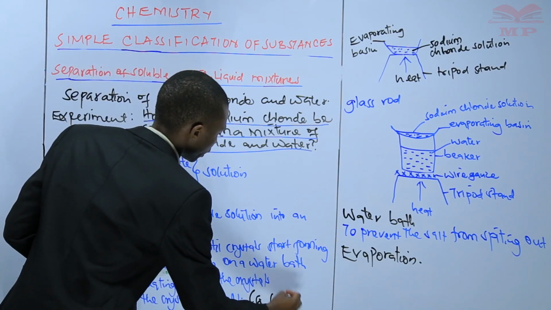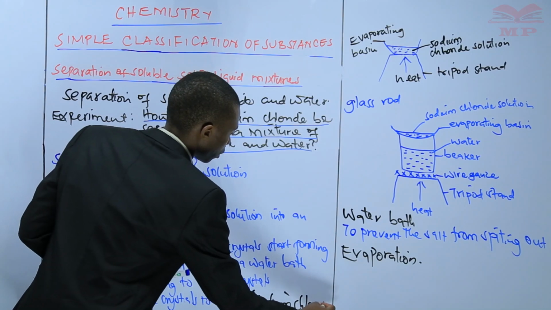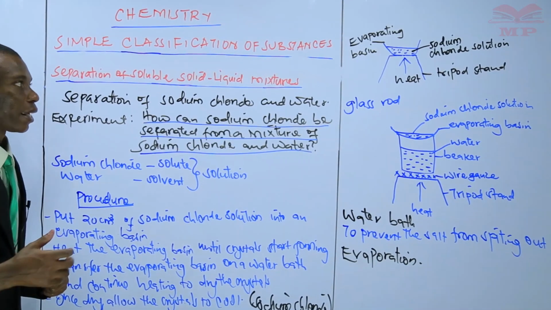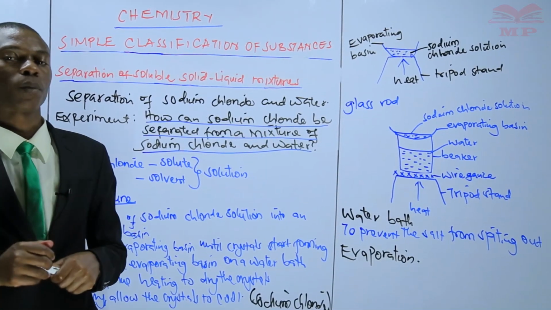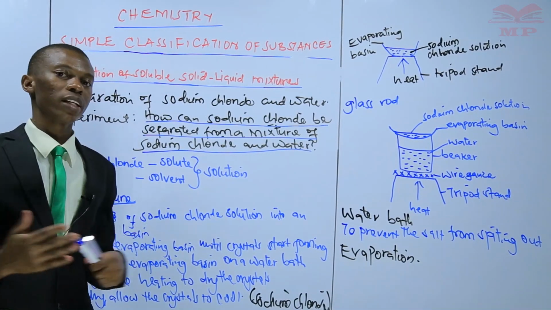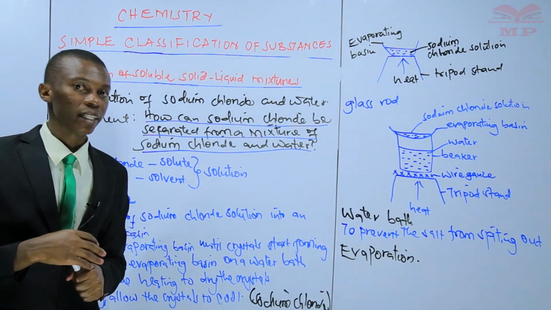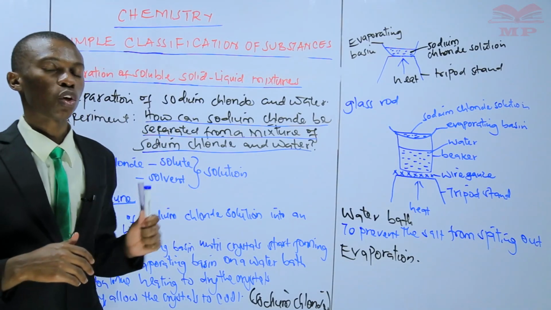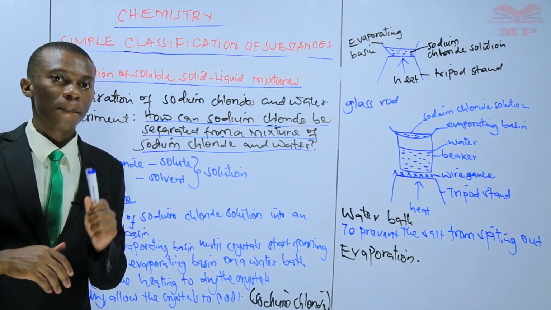Water has already evaporated, so you are left with sodium chloride. And that is how you are able to separate sodium chloride from a mixture of sodium chloride and water, which is a soluble solid-liquid mixture.